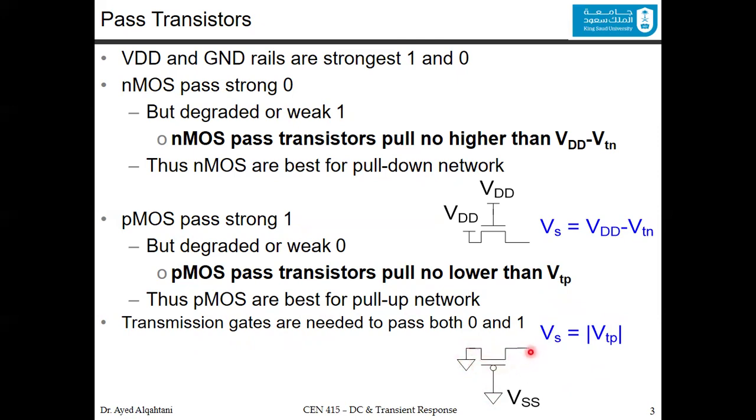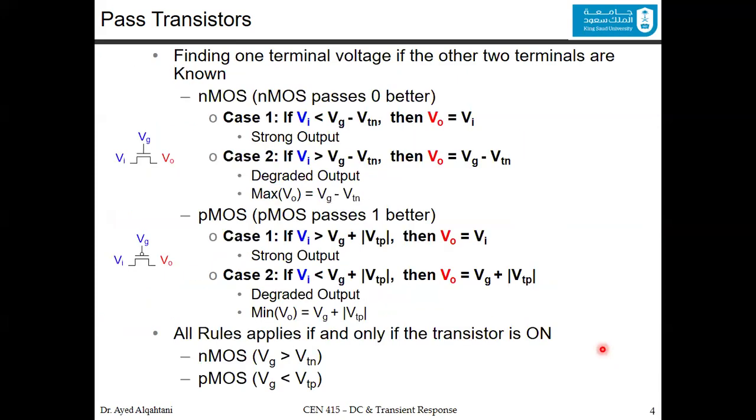It will not be exactly zero, it's slightly more than zero, which is basically zero plus the absolute value of the V threshold of the P. Notice that the V threshold of the P is a negative value, so if you take the absolute value, it's going to be positive. Now, to understand this better, we will formulate it mathematically this way.